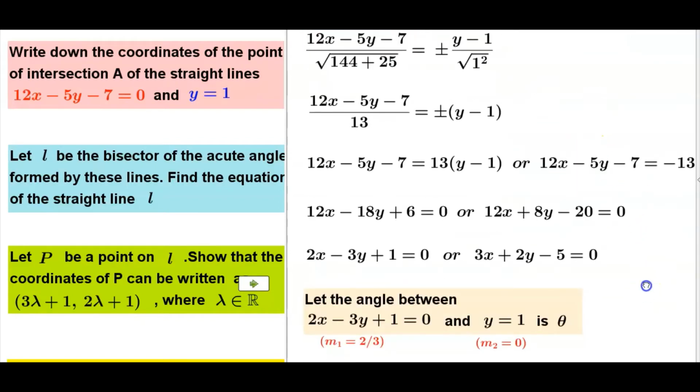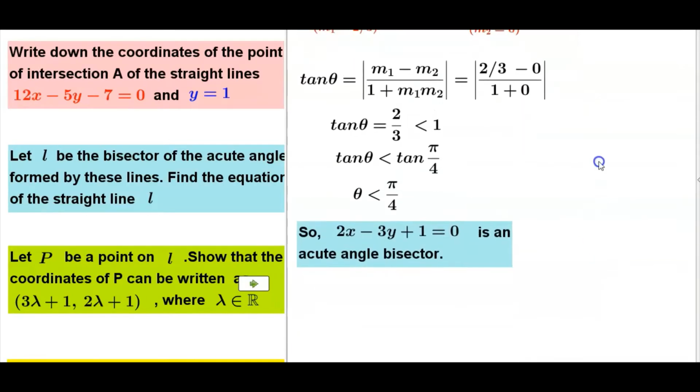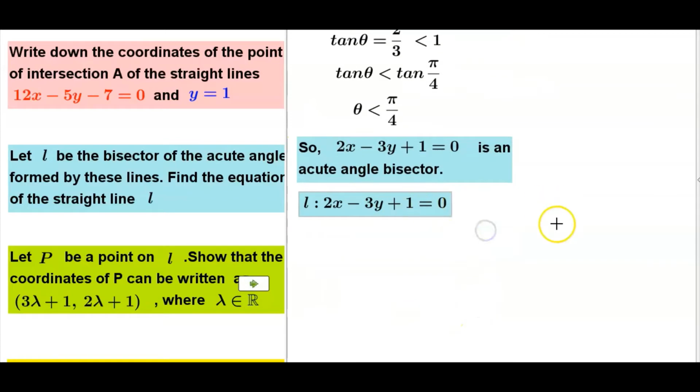So the acute angle bisector is 2x minus 3y plus 1 equal to 0, that means the equation of L is 2x minus 3y plus 1 equal to 0. This part is over.